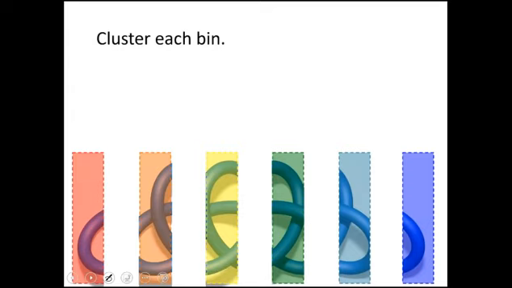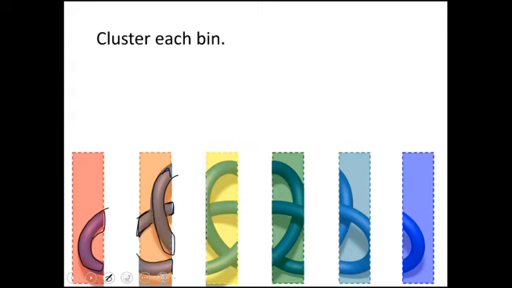We then want to cluster each bin. So if we take a look at the red bin, we can see we have one connected component, so we have one cluster. For the orange bin, we've got this cluster right here, so this connected component. This connected component, this is a knot in 3D, so this is a separate connected component and thus a separate cluster.